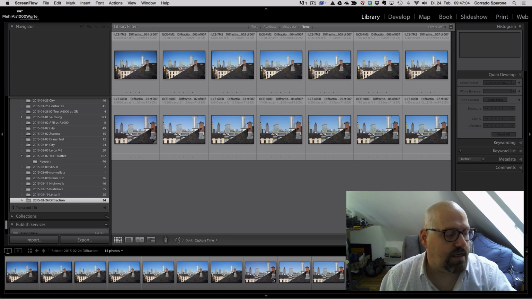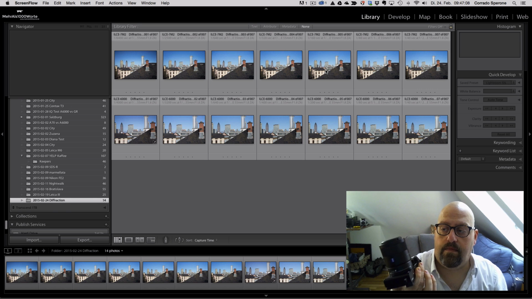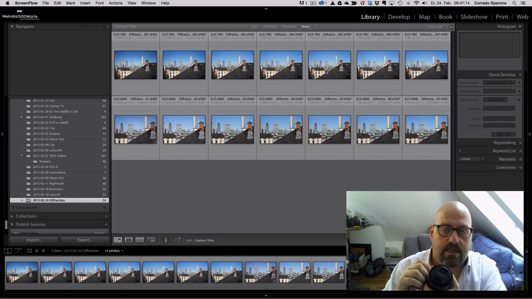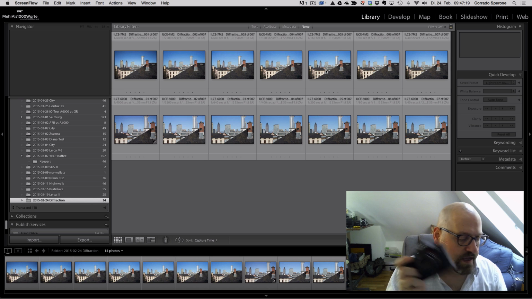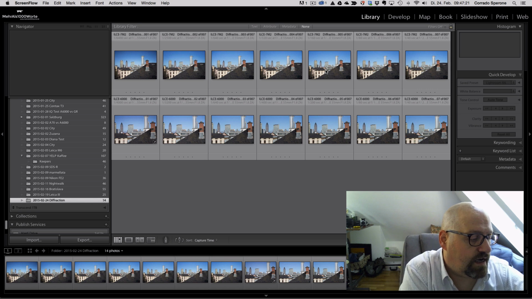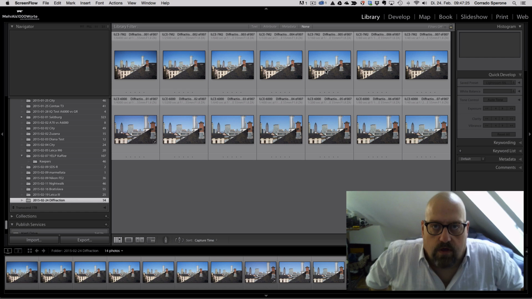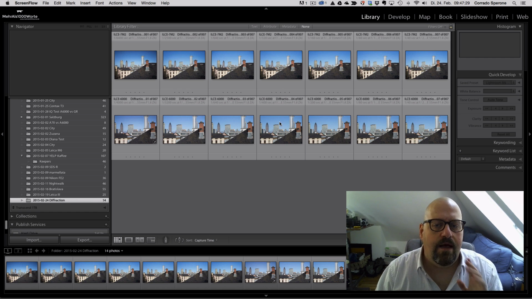So I did a test and I used the Sony Zeiss FE 1.8 55mm lens, both on my A6000 and on my A7 Mark II. Now people will say, well, you can't compare the same lens on two different sensor formats.